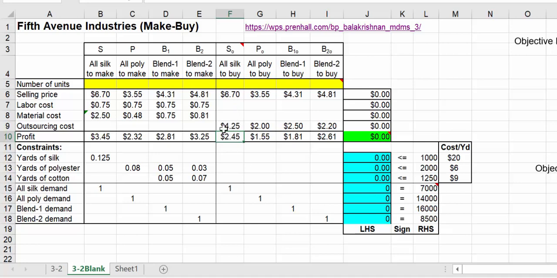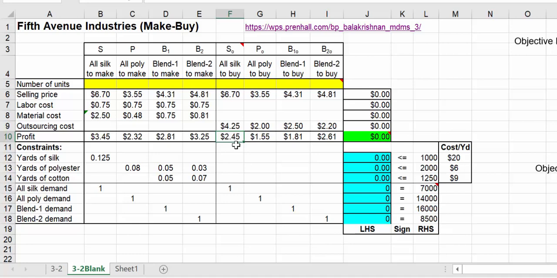That gets absorbed as part of the outsourcing cost. It's embedded in there. But you'll notice that they could sell the tie for $6.70 to the department store, but buy it from the outsourcer for $4.25. Okay, but if you notice, it's still more profitable to produce on their own, because the profit for producing a silk tie is $3.45, but outsourcing is $2.45. So for that one, you probably want to do some making.